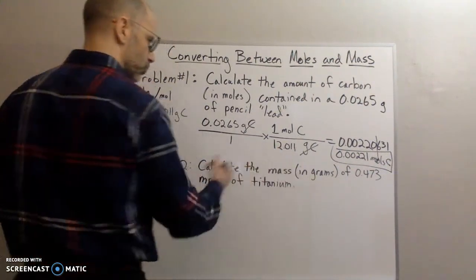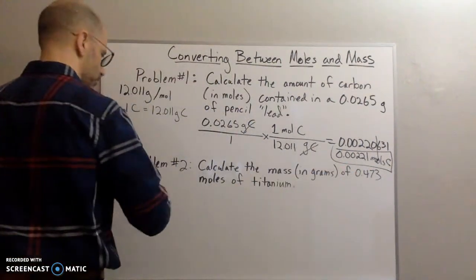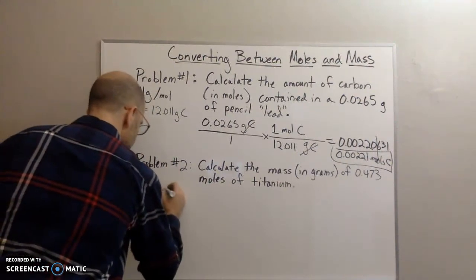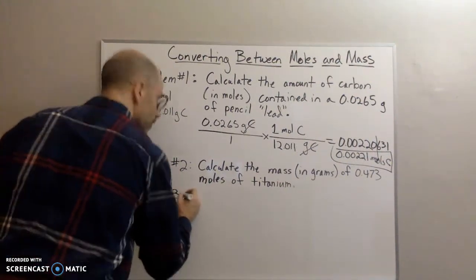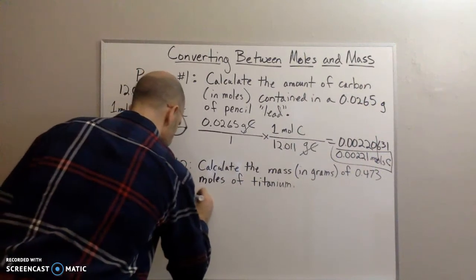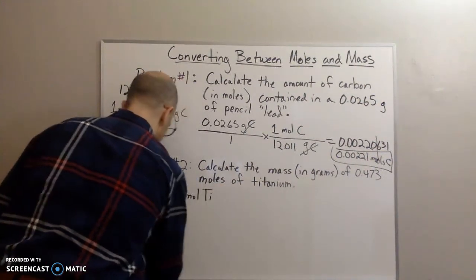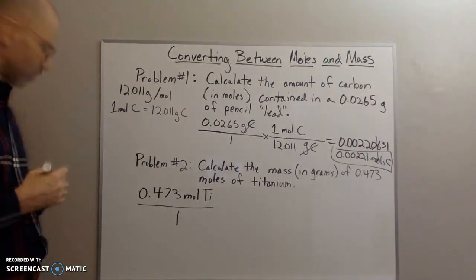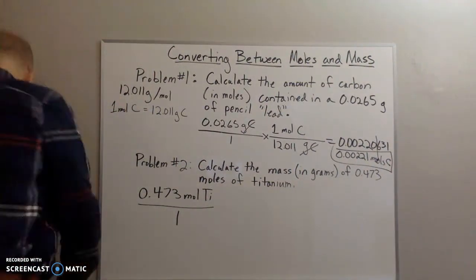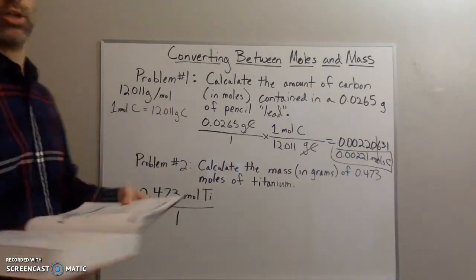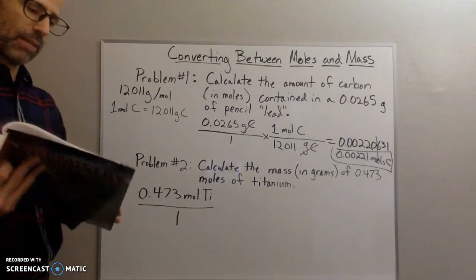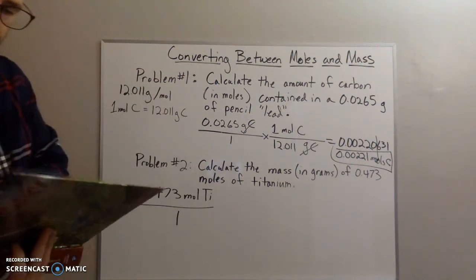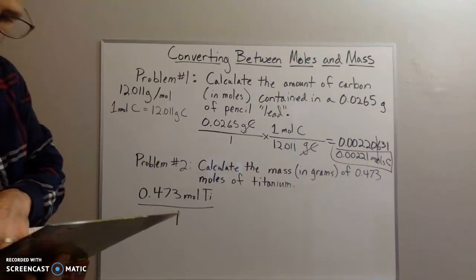So I'm going to start with what they gave me, 0.473 moles of titanium over 1. I need the molar mass. I do not know the molar mass, so I have to look in my periodic table. Titanium, where are you?